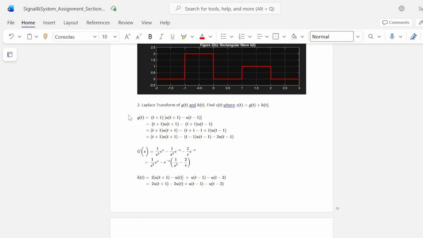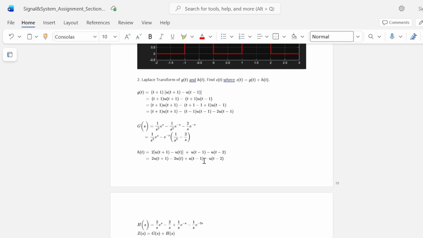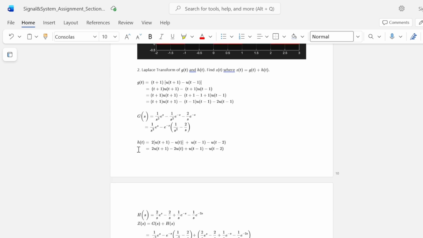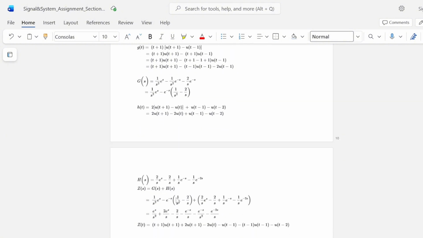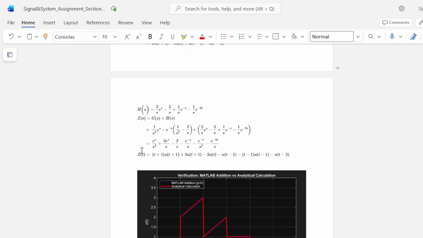You can see after we expand the g(t) signal like this, it's easier for us to do the Laplace transform, and here is the answer. We do the same thing on h(t): we expand it, transform it using the Laplace transform, and then just add them. This is the answer of the Laplace transform.